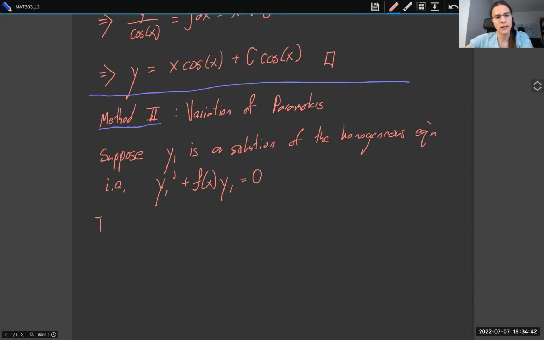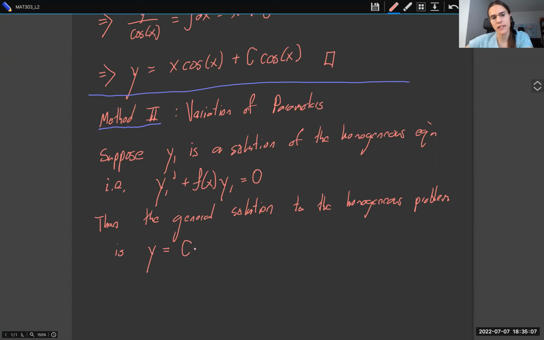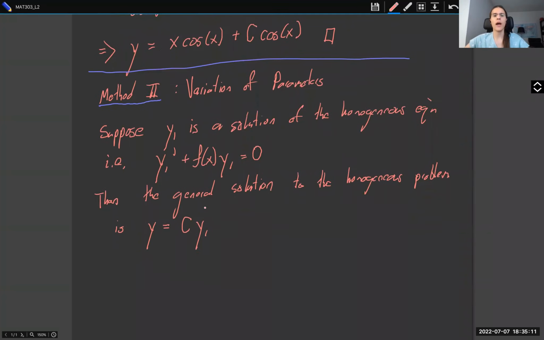Then the general solution to the homogeneous problem is y equal to some constant times y1, right? So any multiple of a particular solution to a homogeneous equation is also a solution to the homogeneous problem.